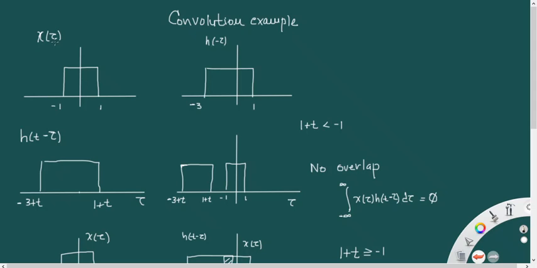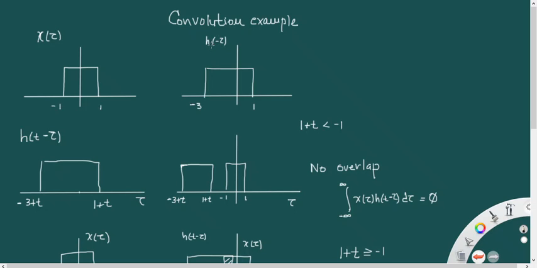So this tau is a kind of a dummy variable. Why the tau is necessary here is because if we want to shift this h of minus tau, or translate or displace this to the left or to the right, we cannot do that using only the values of t.